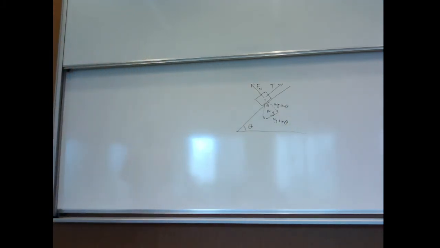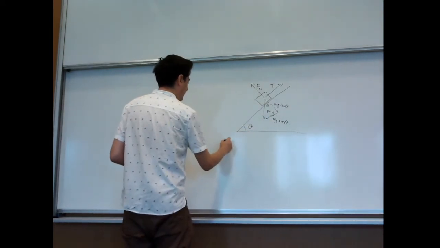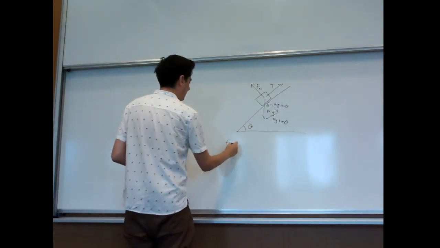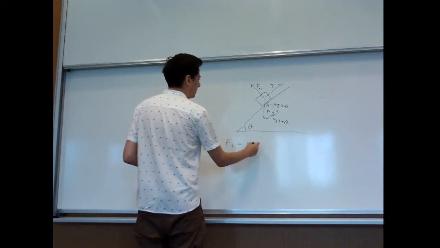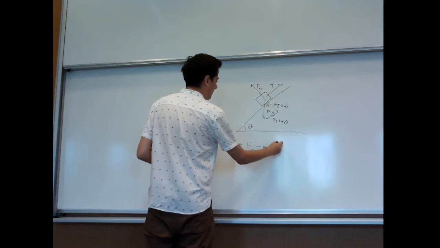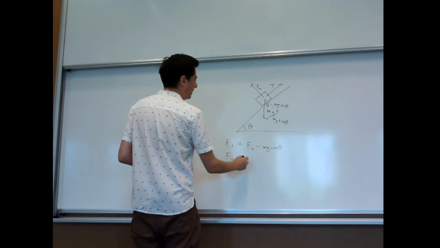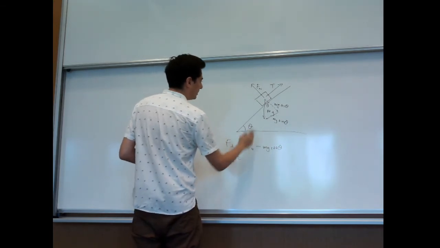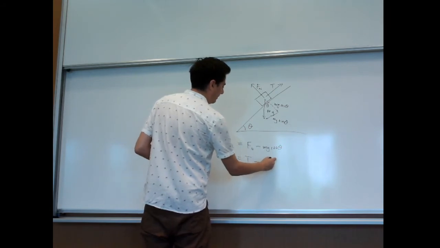And so the total force in the perpendicular direction would be the normal force minus mg cos theta. The force in the parallel direction would be T minus mg sine theta.